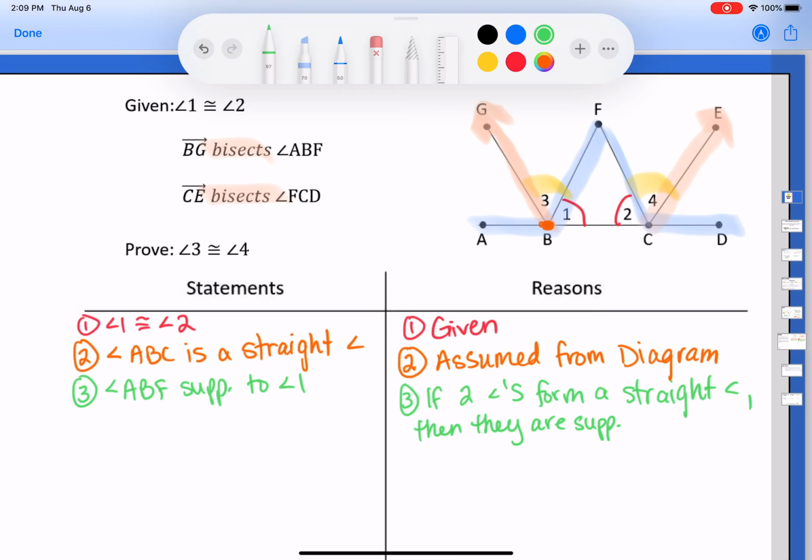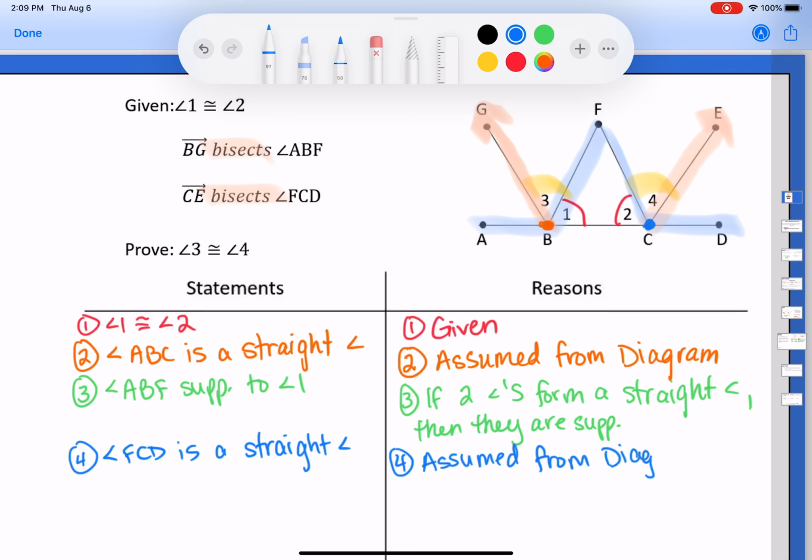Okay, so I've got that supplementary step, but now I need a straight angle over here with a vertex at C. So step 4, angle FCD is a straight angle. And that is also assumed from diagram. You could say same as 2 if you want to.